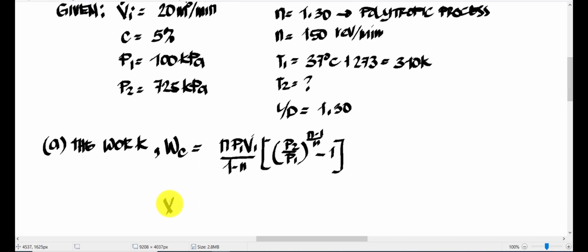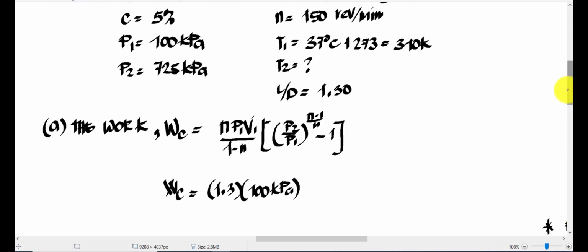So I'm rewriting now our equation, work of your compressor. The value of n will be 1.3, multiplied by the pressure 1, we have 100 kPa. Then multiply by the volume, so in order to cancel the units here, I'm going to express this one in kilonewton per square meter.